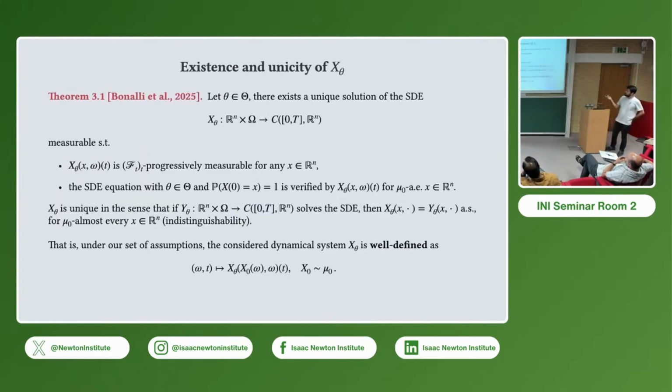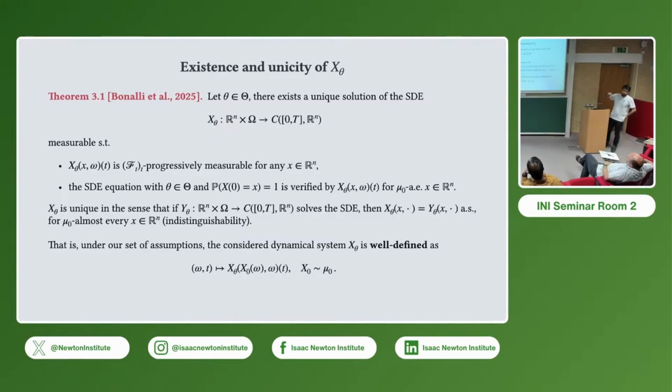Under this set of assumptions, we have a well-posedness result, a theorem saying that I define my system as a solution of an SDE, and the SDE doesn't always have a solution.